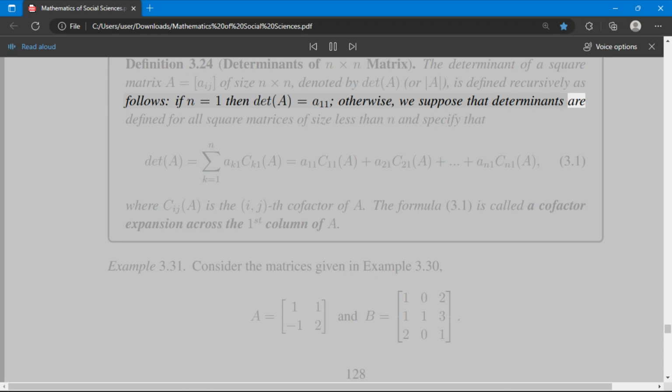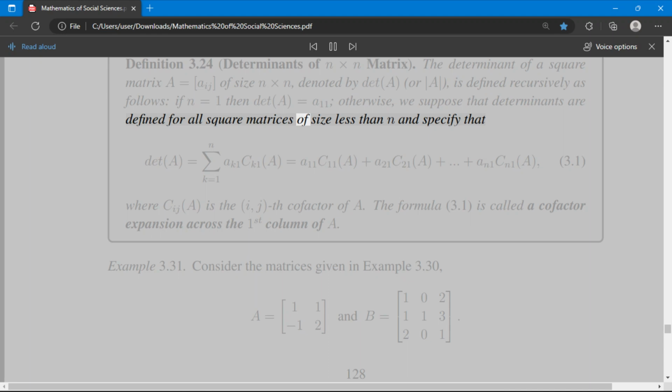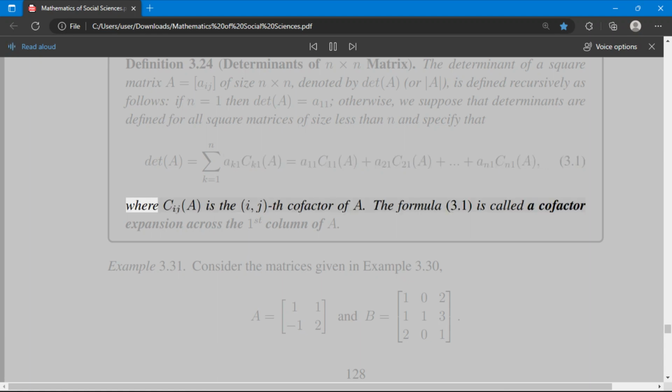Otherwise, we suppose that determinants are defined for all square matrices of size less than n and specify that det A equals the sum over k from 1 to n of ak1 Ck1(A) = a11 C11(A) + a21 C21(A) + ... + an1 Cn1(A), (3.1) where Cij(A) is the i,j-th cofactor of A.